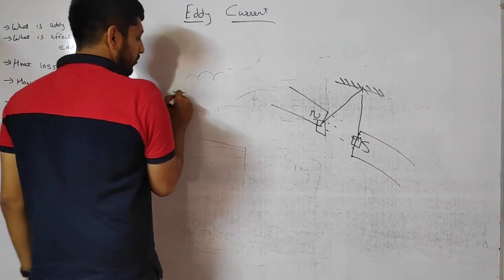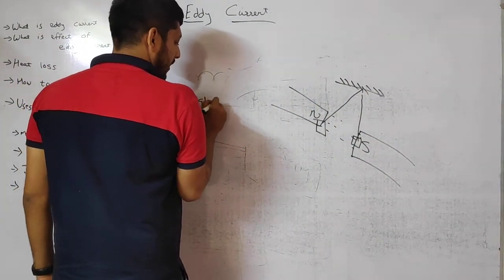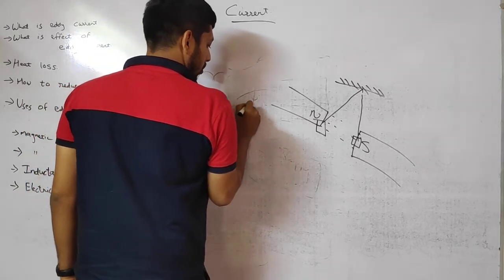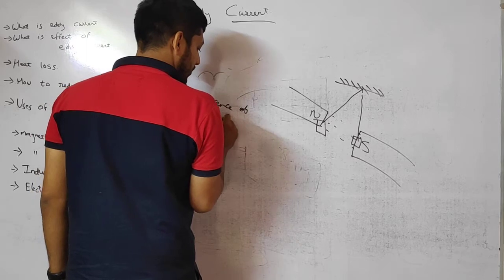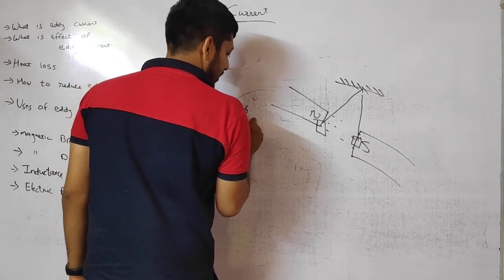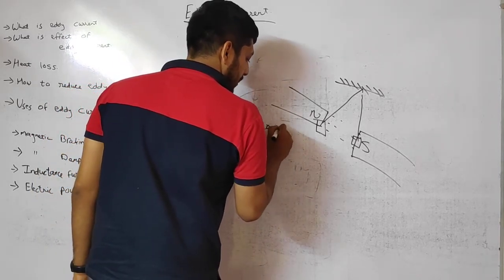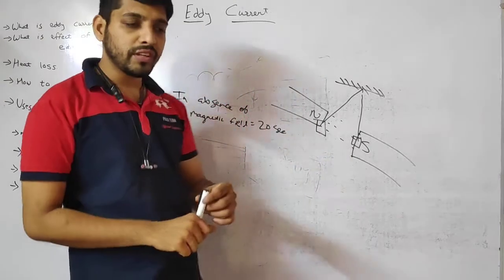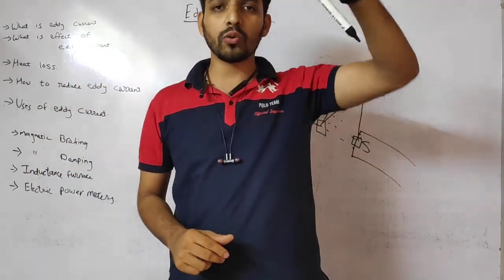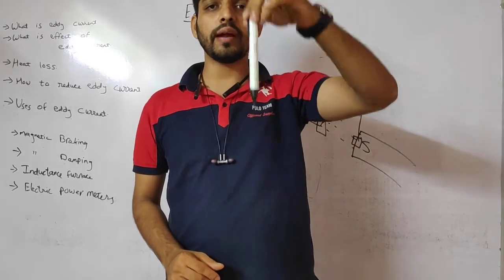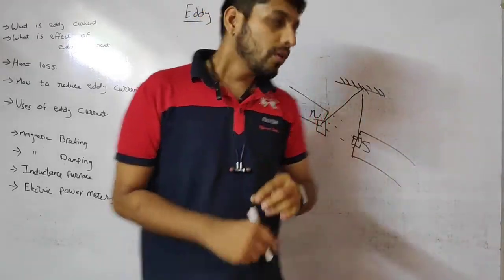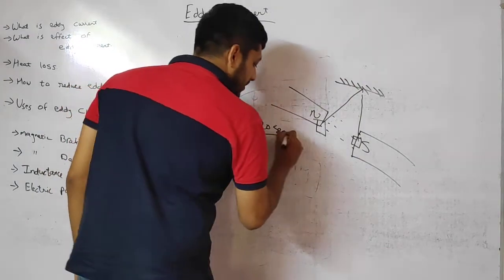Suppose in the absence of a magnetic field, it takes 20 seconds. It will rotate this way, come to the center and become stable. For that stabilizing time, it is taking 20 seconds.